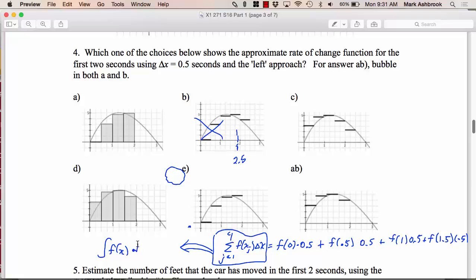From, this is what we just talked about. So this is the exact amount of change. Okay, so that's review.